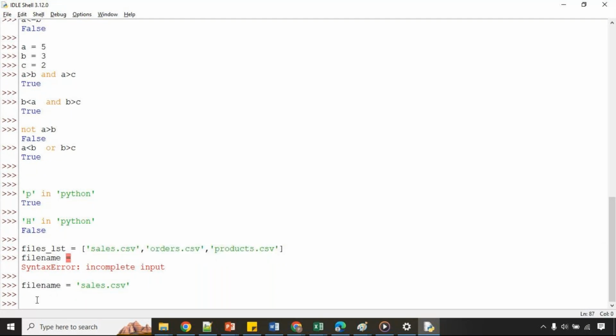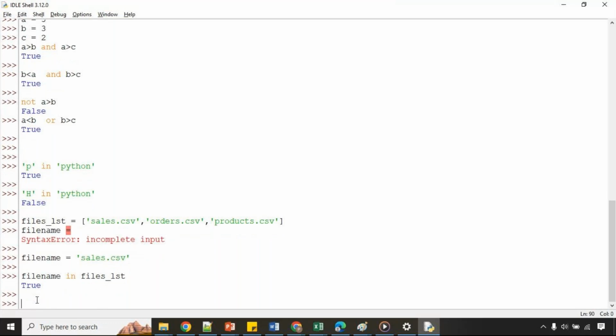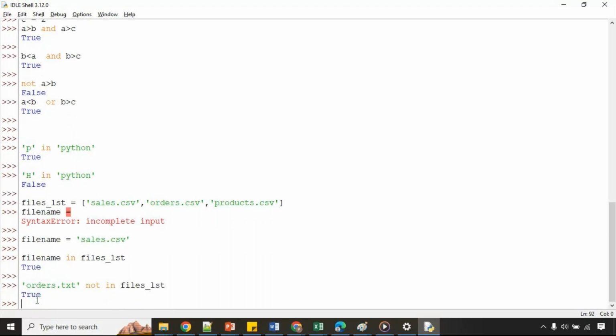Similarly, I have a file address.txt not in the list. The file is not there in the list, and it is going to return the boolean value true or false.